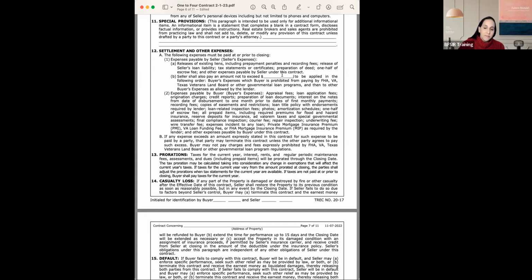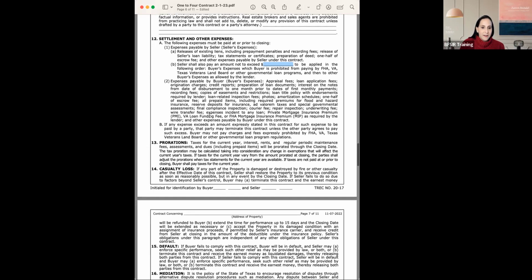And you don't want to negotiate for $20,000 and then find out that the buyer only has $16,000 worth of closing cost credit that can be applied for, because you're losing the benefit of that $4,000 you negotiated for. So if the lender says it's $16,000, but there's $20,000 worth of repairs, you can make the seller do some of the repair items, and then you just put the $16,000 in this blank. Does that make sense?